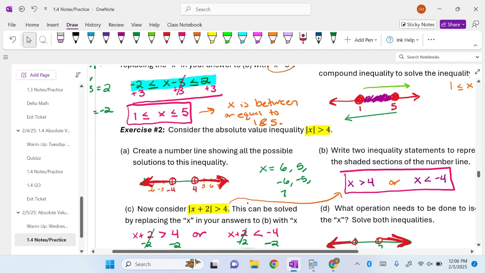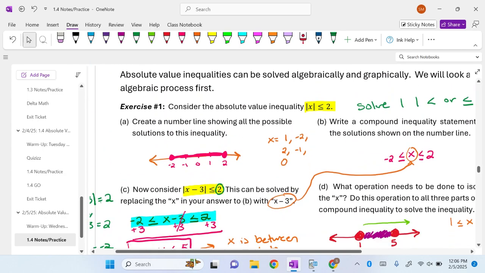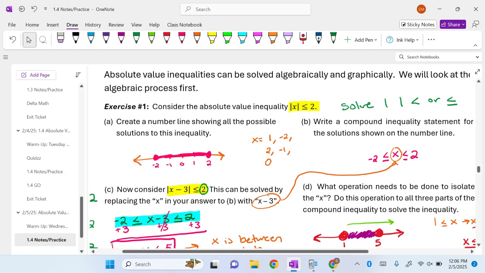So for these two examples, the first example was for when you have less than.